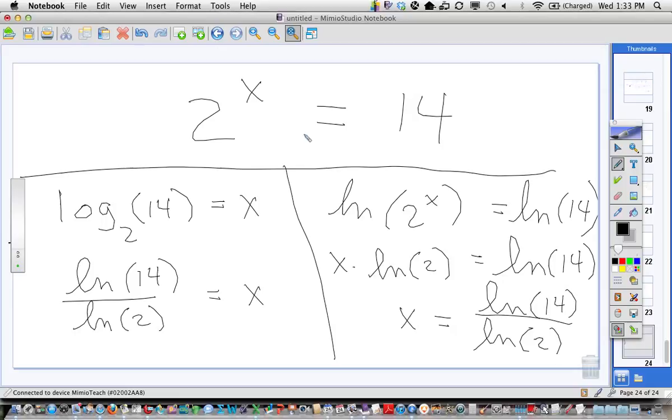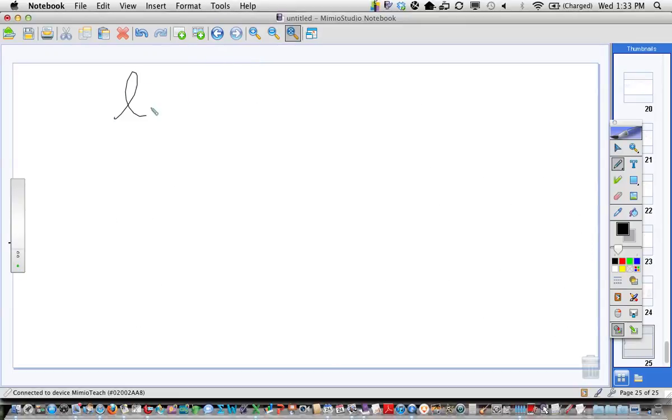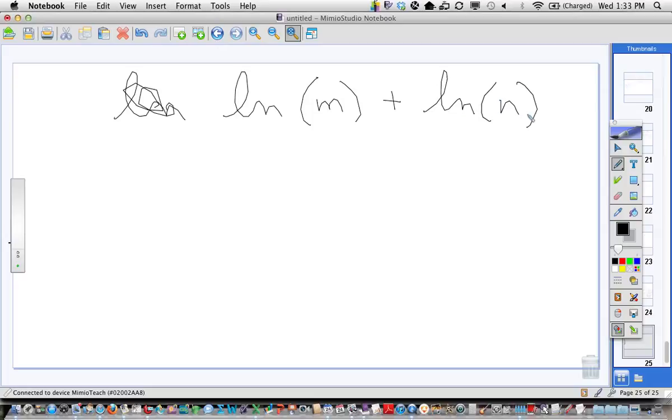All right. A couple other properties of logs that I wanted to mention. If I have natural log of m plus natural log of n, what's that equivalent to? m times n. ln m plus ln n is equal to that. And that's, of course, true for any log of any base.